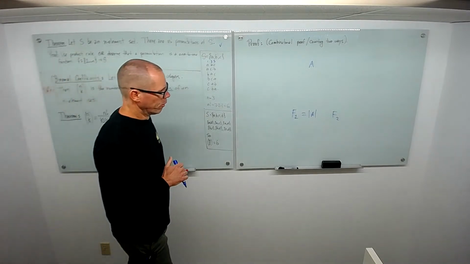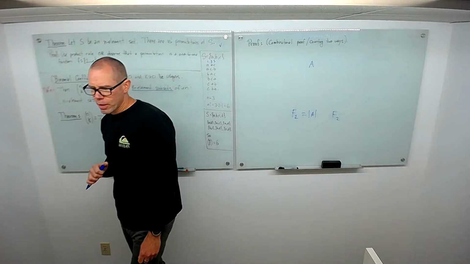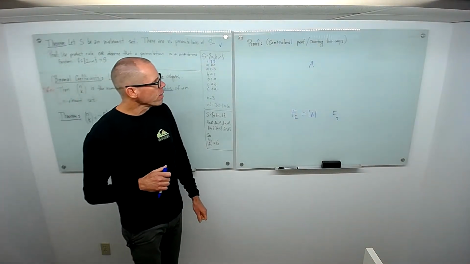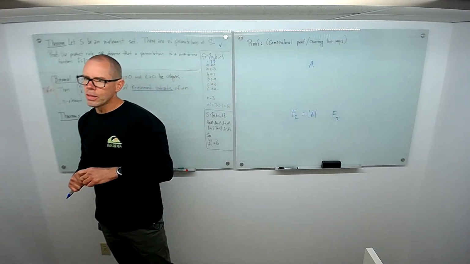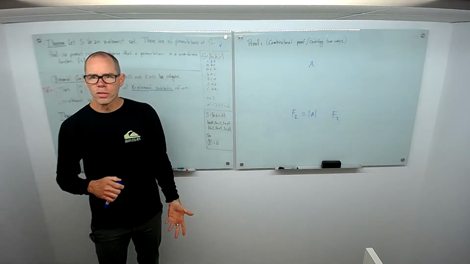And one thing that you may or may not have noticed yet is often there are different arguments you can make to count things like the size of some set. And these arguments look like they give you different answers.